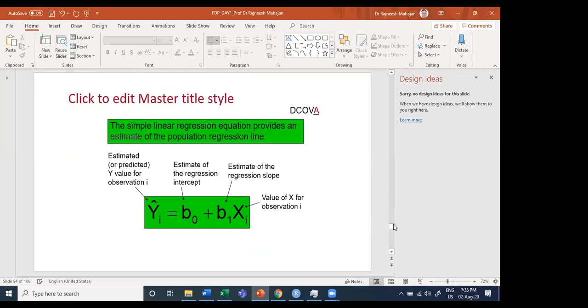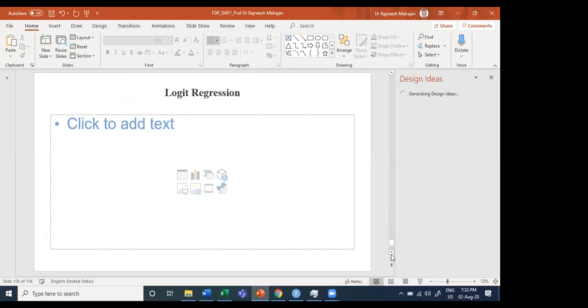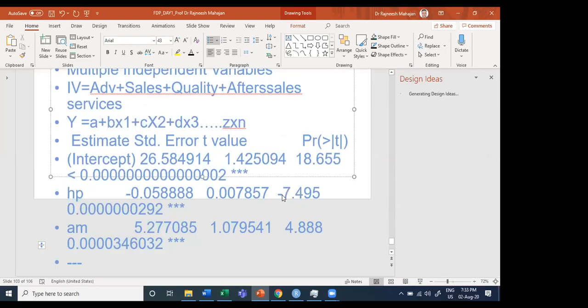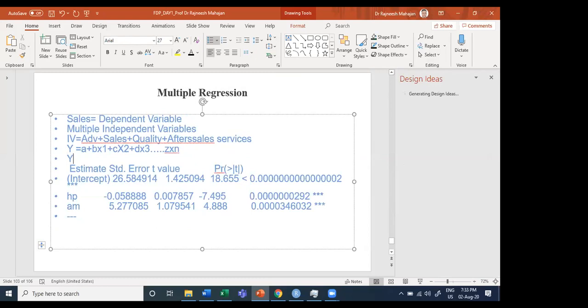So if you can go to my slide where we are putting the data. Here we are. So if you see, we can say that here y is equal to a, which is the intercept, plus this is the first variable here, where you can put the value.